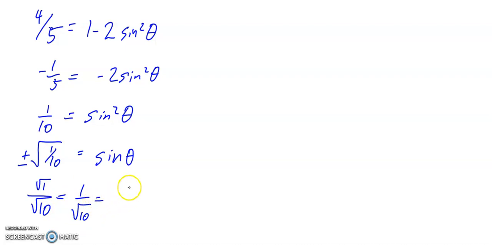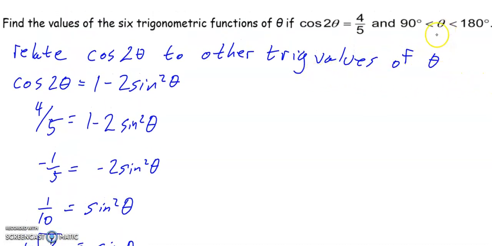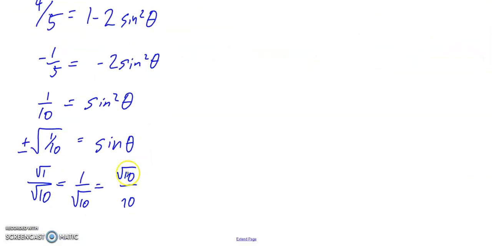I don't like square roots on the bottom, so I'm going to move the square root to the top, keeping the bottom as a 10. And it's a plus or minus, but if we look back, we know theta has to be between 90 and 180. This is quadrant 2. In quadrant 2, all students take calculus. Students S, sine and cosecant are positive, so the sine of theta is positive radical 10 over 10. So that's the sine of theta.